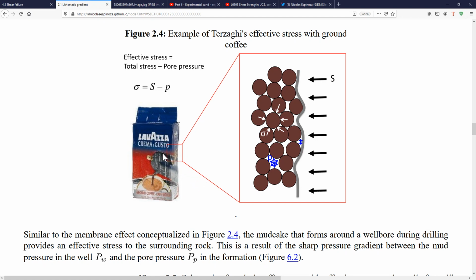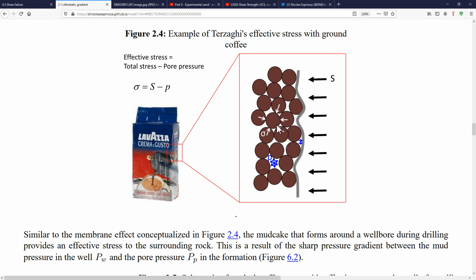Because inside the package it is subjected to vacuum, which is equivalent to a pore pressure equal to 0, and since it is under vacuum and outside we have atmospheric pressure on normal conditions, then the effective stress is going to be carried by an application of the atmospheric pressure through a membrane, which is the plastic container of this package of coffee.